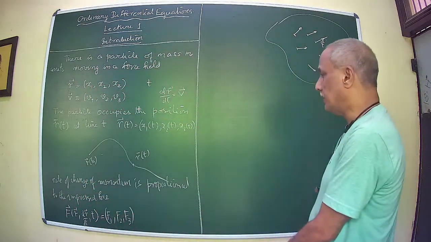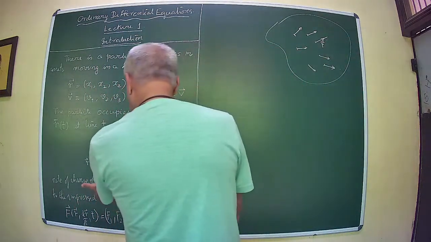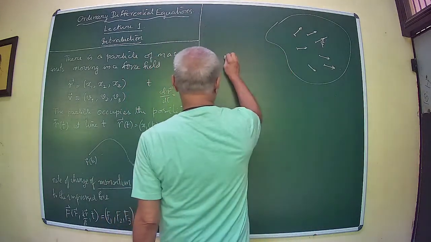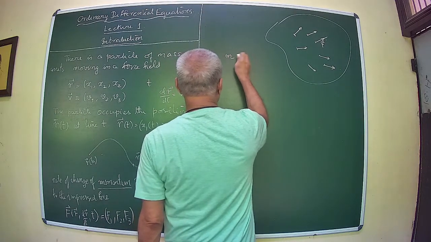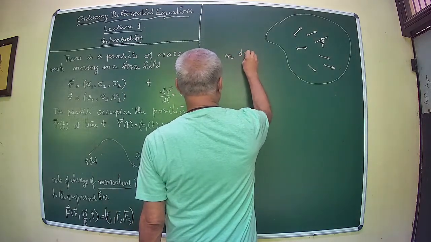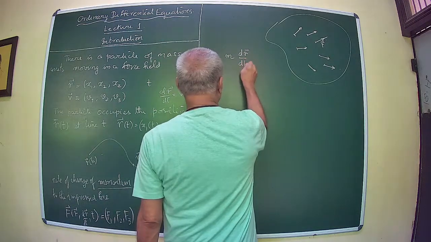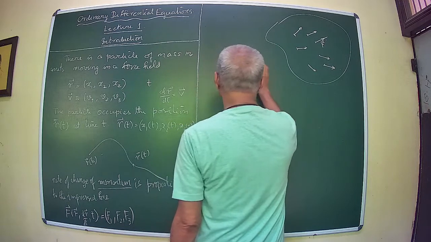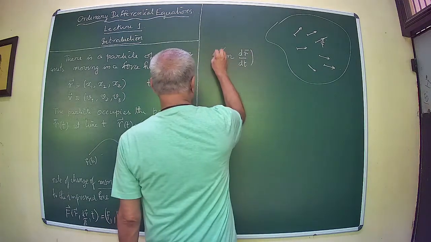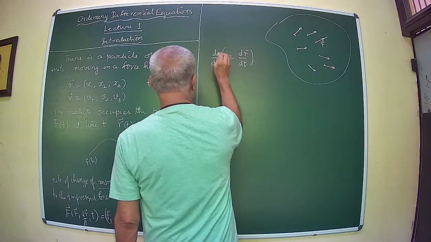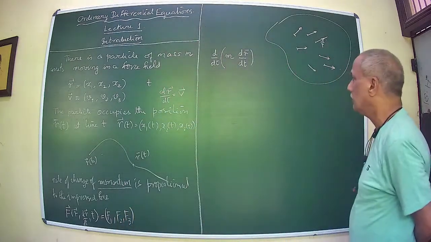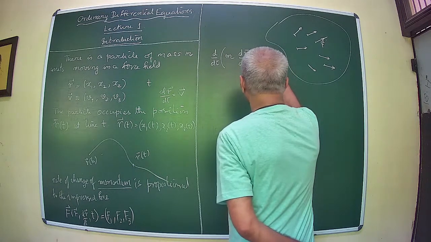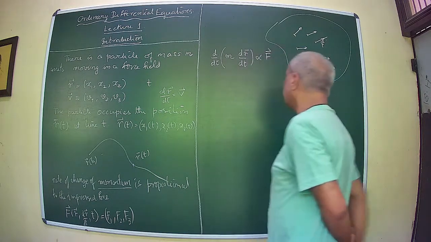Okay. And Newton's law says, so there is something about the statement of momentum. What is the momentum? Momentum is essentially mass into velocity. This is what you call the momentum. And Newton's second law says that the rate of change of momentum with respect to time is proportional to the force field.